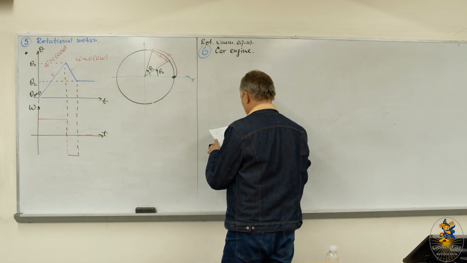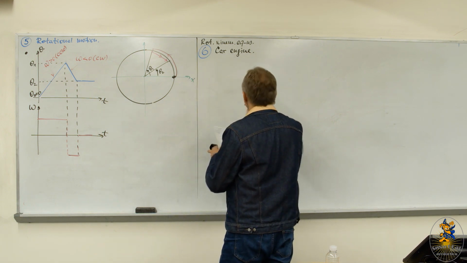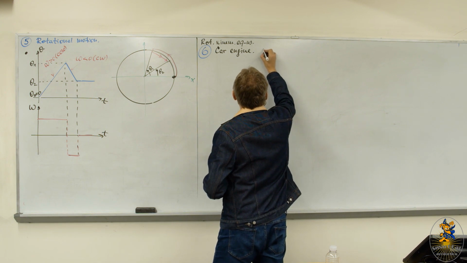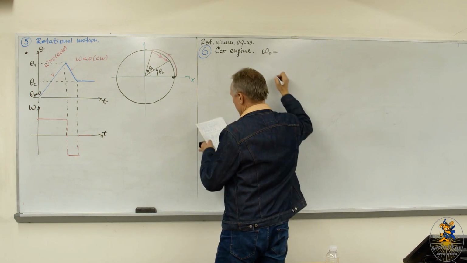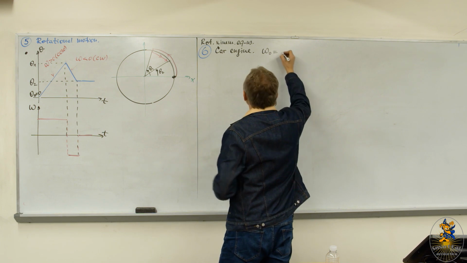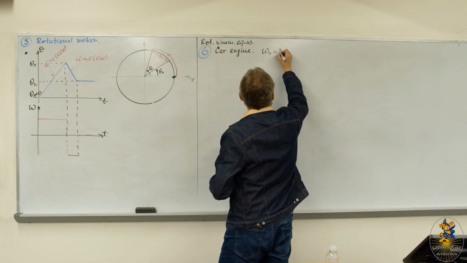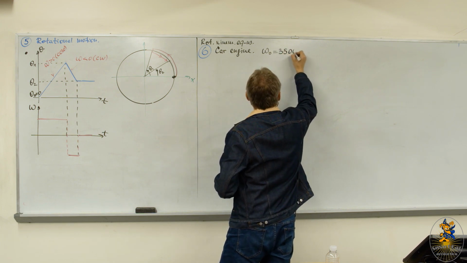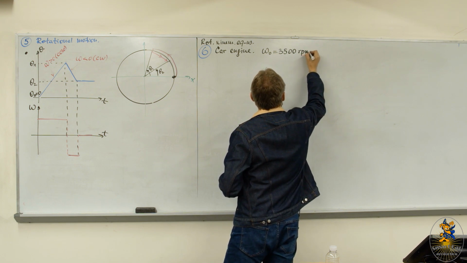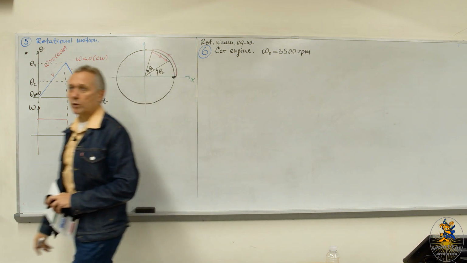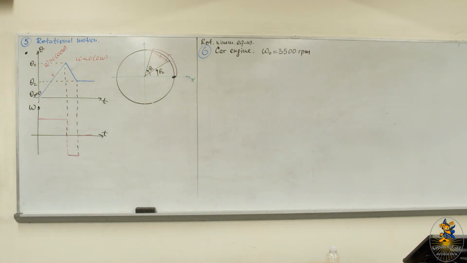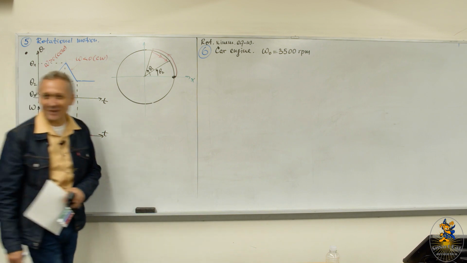So you know what, how should I show it? Okay, omega naught equals, what's the number? 3,500 RPM. You engineers, I don't have to explain to you what RPM is. Physicists usually don't use RPMs, right? We like radians per second. That's our units.